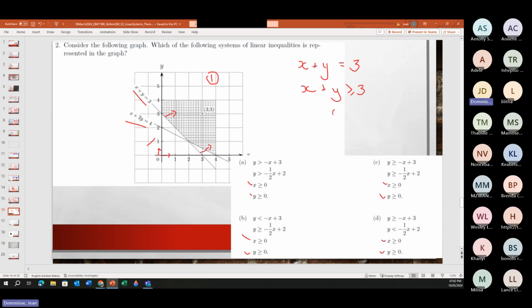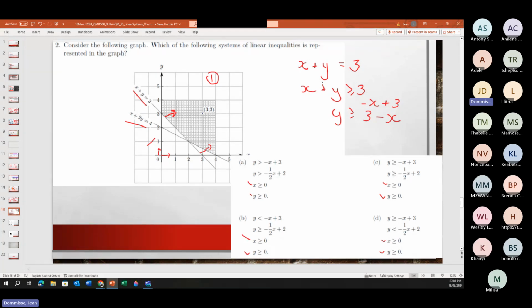So y is bigger or equal to 3 minus x, or the same equation is minus x plus 3. If we look at this one, it needs to be bigger than, because that is where the feasibility area is. So we change it, it must be bigger or equal to.